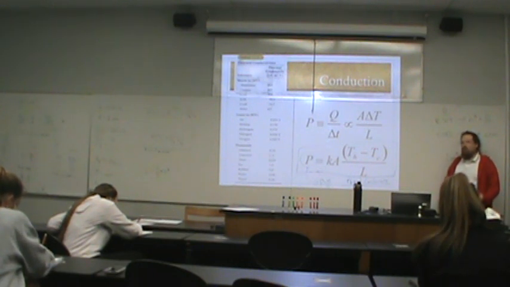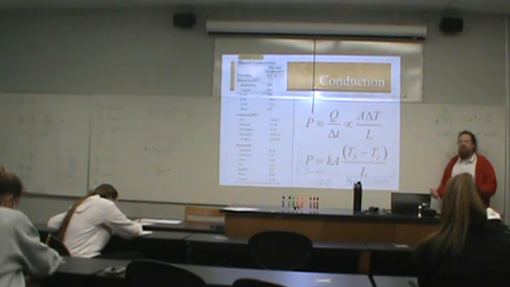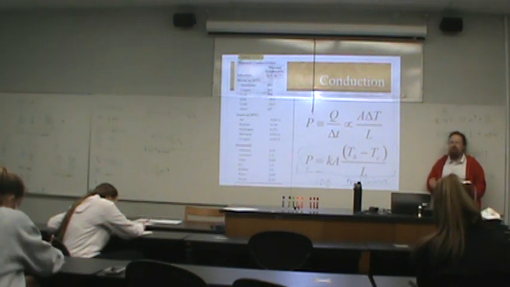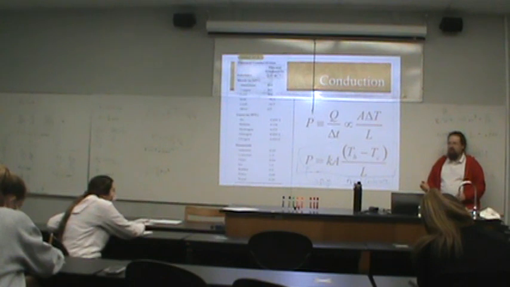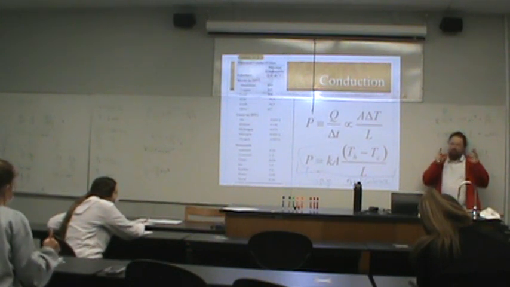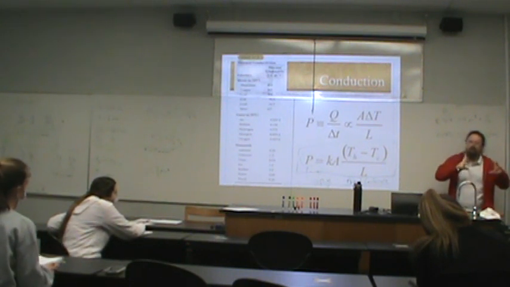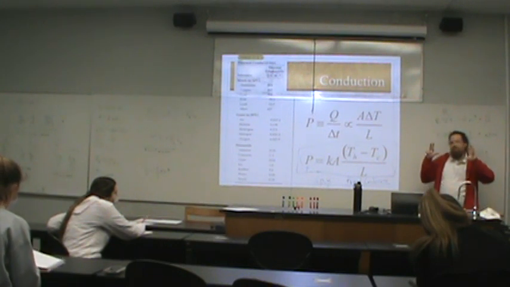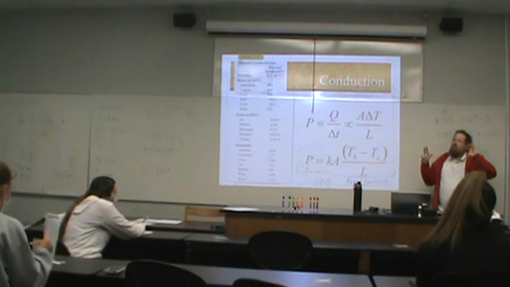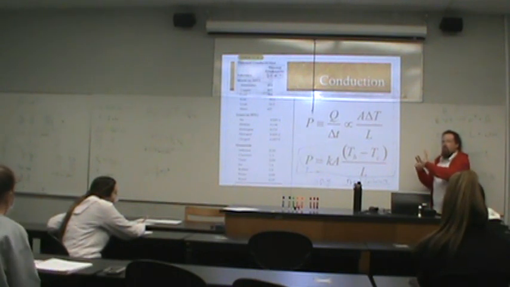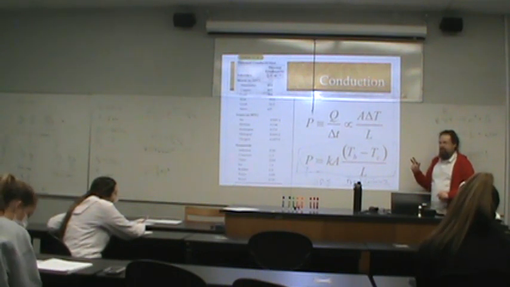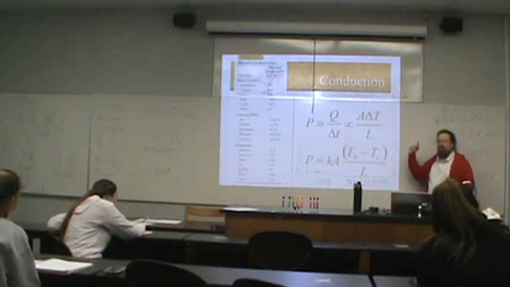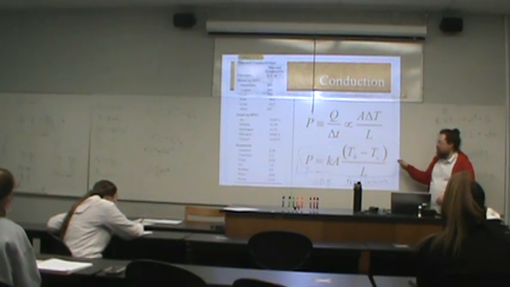Which means that the greater the difference between the two sides, the faster the thermal energy will transfer. Thermal energy really likes to go from very hot to very cold very quickly. If the two things are basically the same temperature, thermal energy is not going to be in any hurry to finish that off. So the bigger the gap, the faster the process goes.